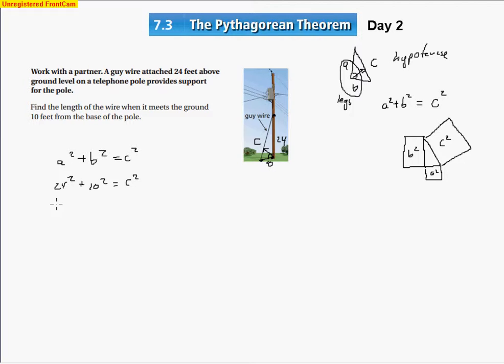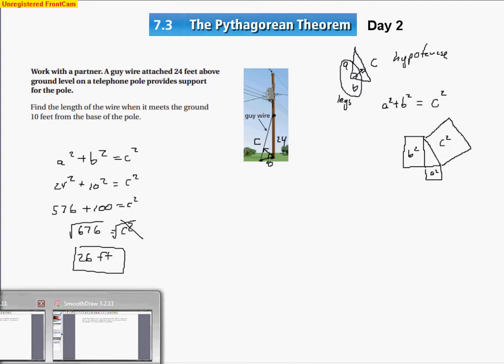So 24 squared makes 576. 10 squared is 100, and when we add those together, hey, we get a perfect square, 676. When I take the square root of both sides to cancel out the squared symbol, I'm left with 26. So 26 feet is the length of the guy wire.